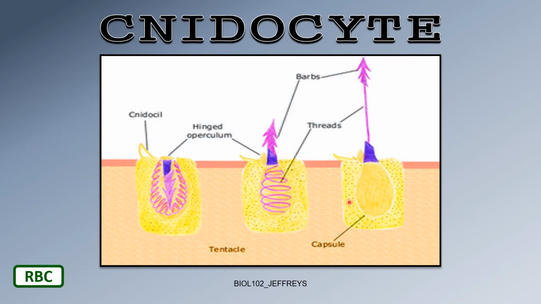Okay, so here is a cnidocyte. This illustration is from your text. So this is the cnidocyte, and there's the little hair-like projection, the cnidocyl. And remember the opening at the top, just like with sponges, called an operculum.